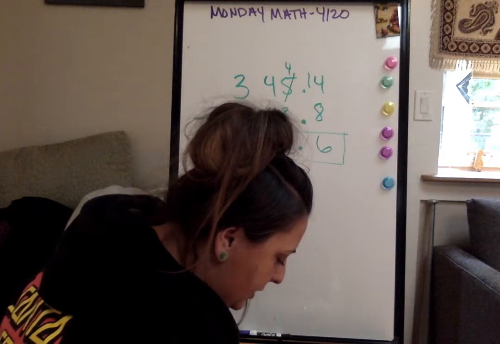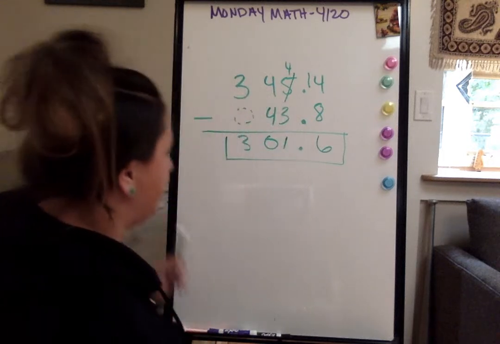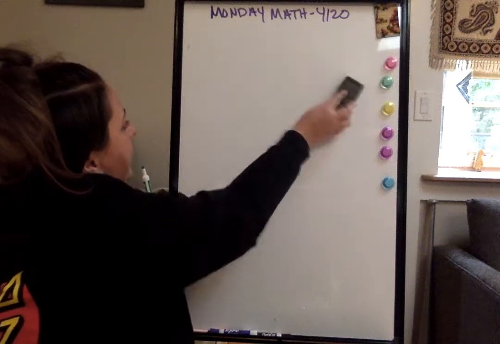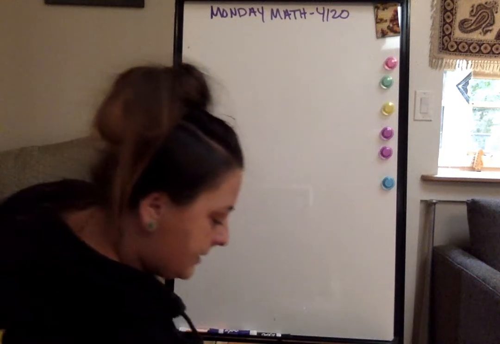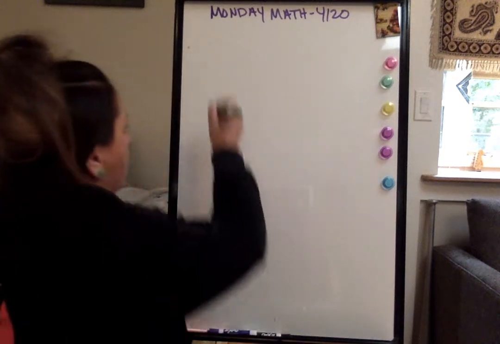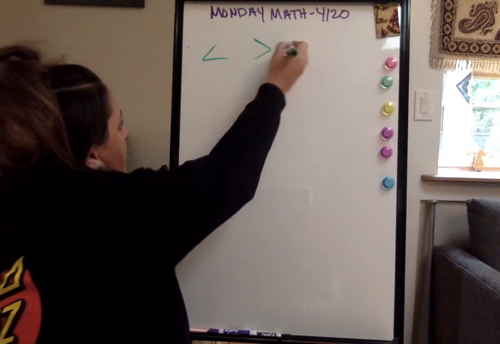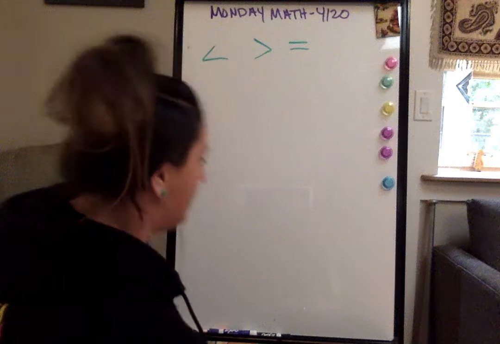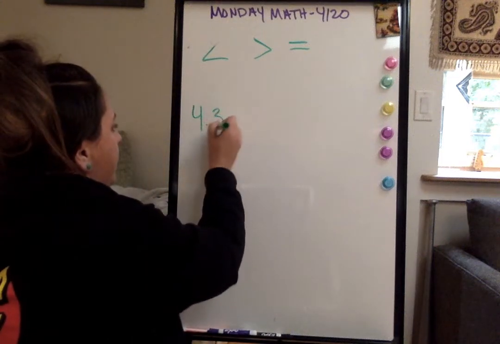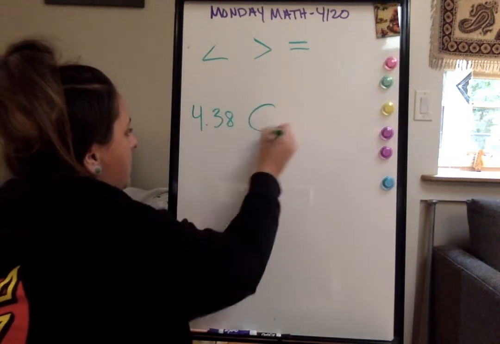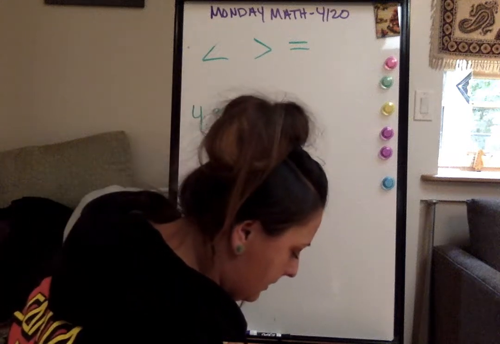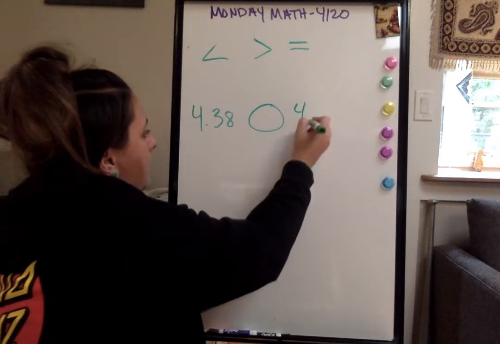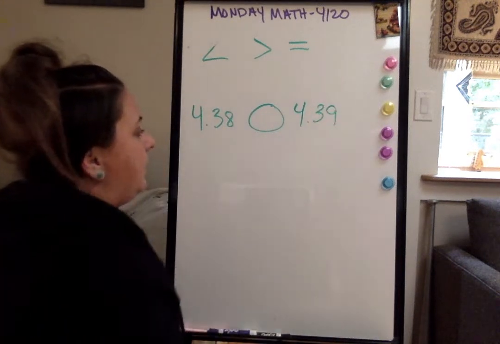Okay, choose the correct symbol to fill in the blank. So we've got a less than, greater than, or equal to. And we're comparing decimals. So we're going to take 4 and 38 hundredths, and then 4 and 39 hundredths.